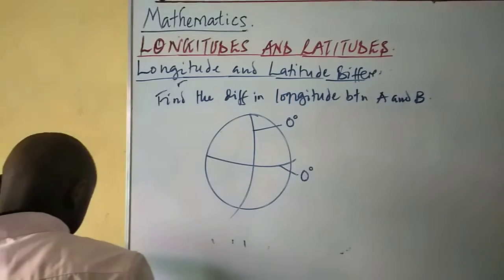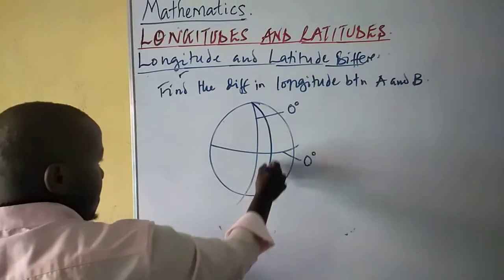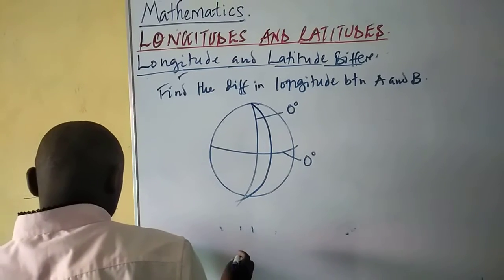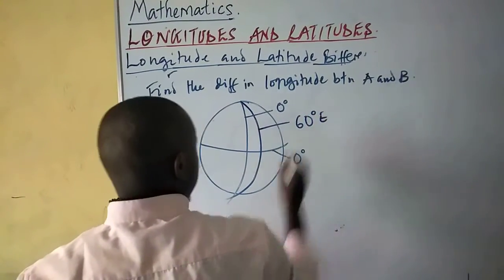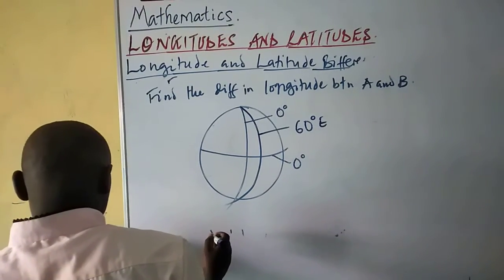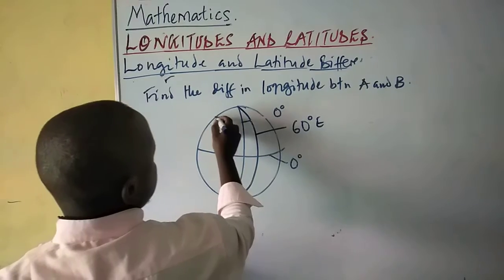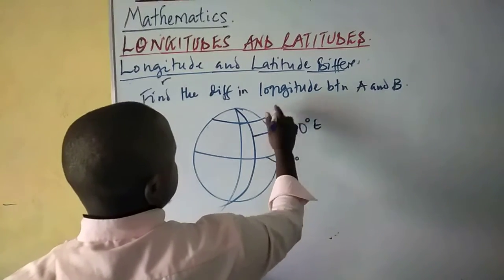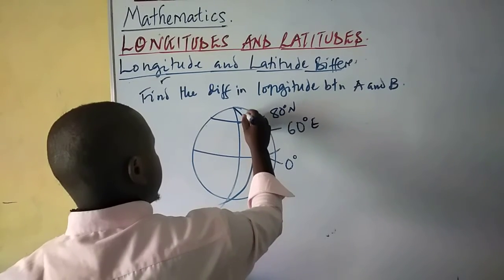Then we are told A is 60 east. Then A is also at 80 north. So this is where we have A.